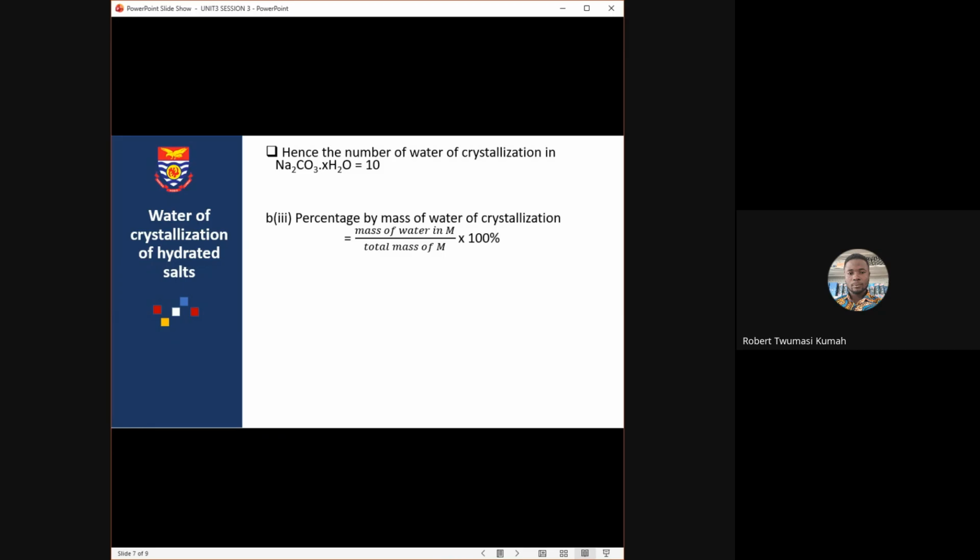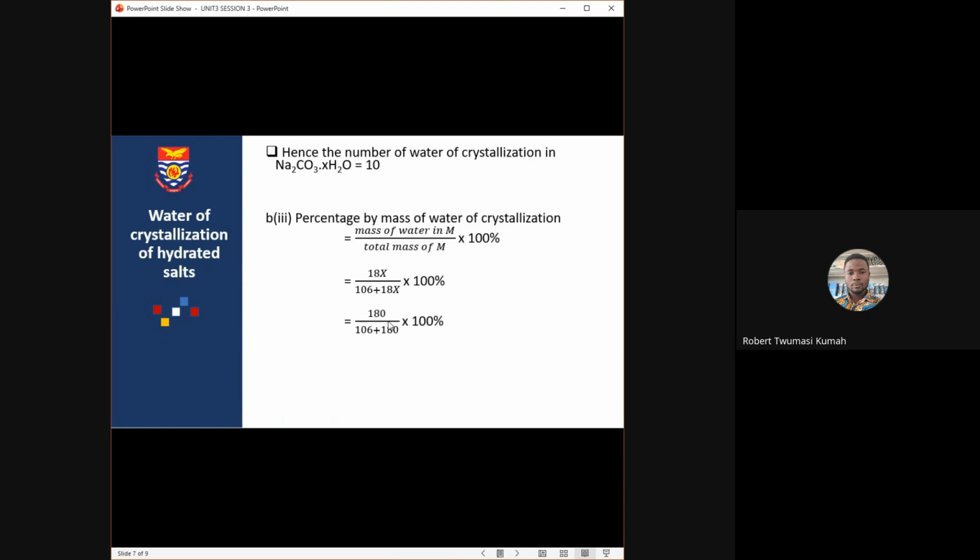So this side is our water of crystallization. So we are going to put the 10 in place of that, and we are going to divide the molar mass here by the total molar mass times 100. So that will be 18x over 106 plus 18x, times 100.